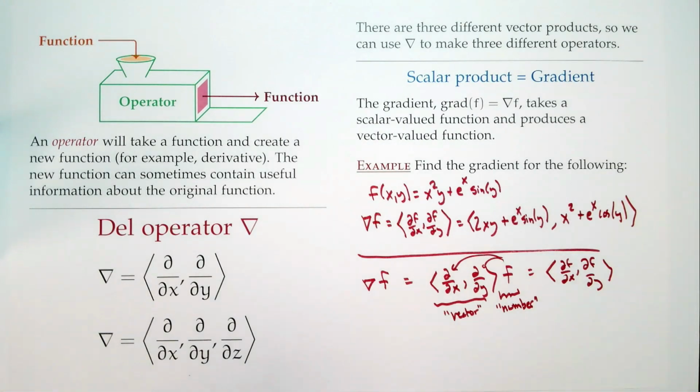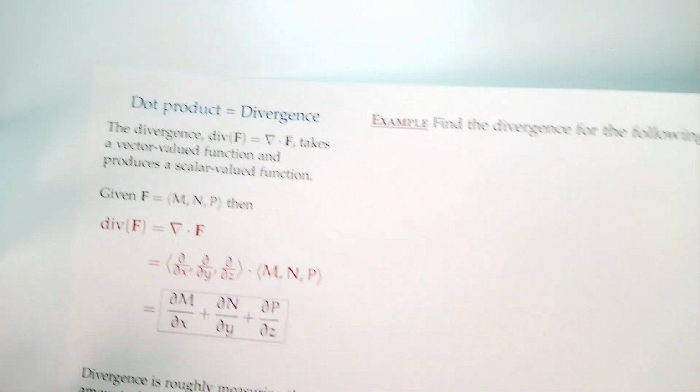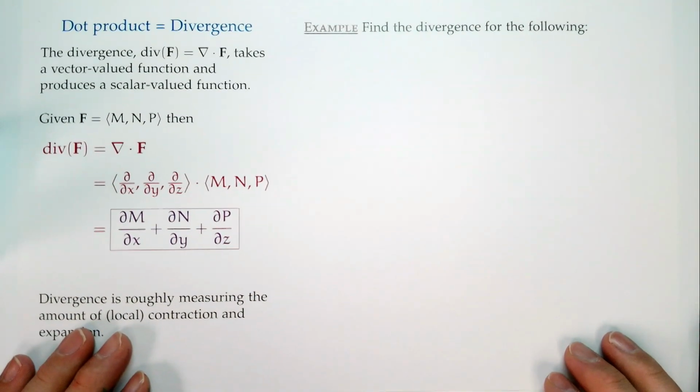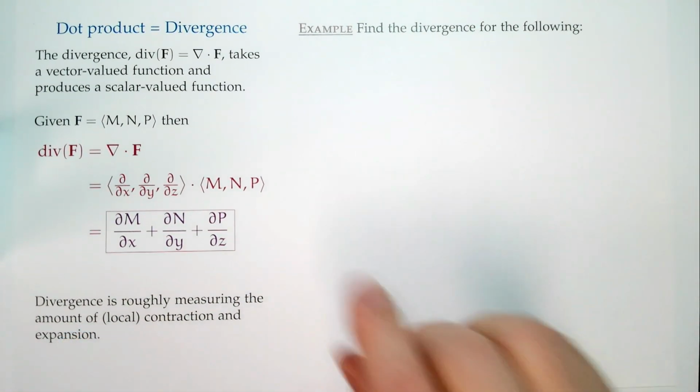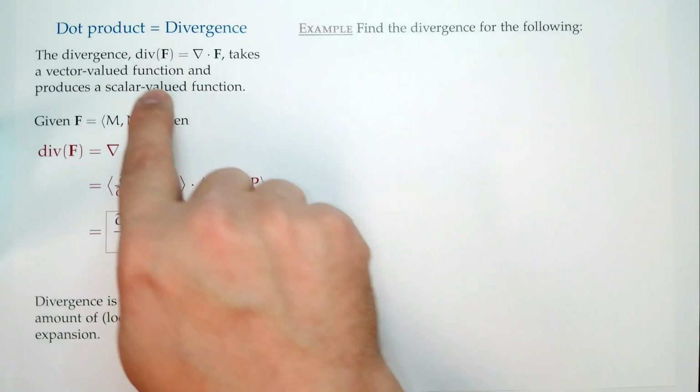All right, so let's say we know how scalar products work. In other words, we know the gradient. That's 1 down, but that still leaves us with at least 2 to go. So next one is the dot product. Well, what is that? For the dot product, we're going to call that divergence, and sometimes it's abbreviated as div.